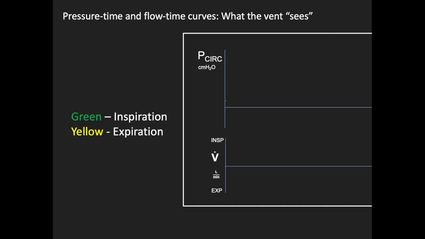On the PB840, the whole respiratory cycle is color-coded so that inspiration is in green and expiration is in yellow. And also by convention, inspiratory flow, or I should say more precisely, flow that goes into the patient, is positive, and flow that comes out of the patient is negative. So at least for this particular ventilator patient interaction that we're looking at here, this is just an example on this screen.